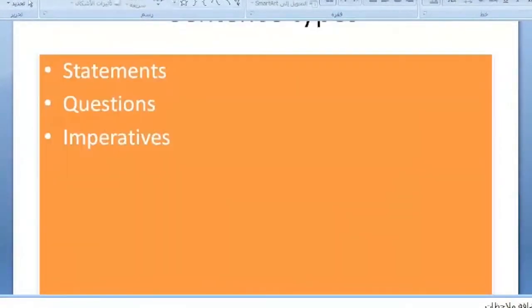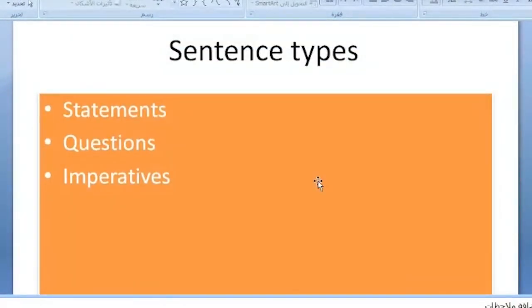Now, in the same chapter which I told you to read, it talks about sentence types. And sentence types include statements, questions, and imperatives.